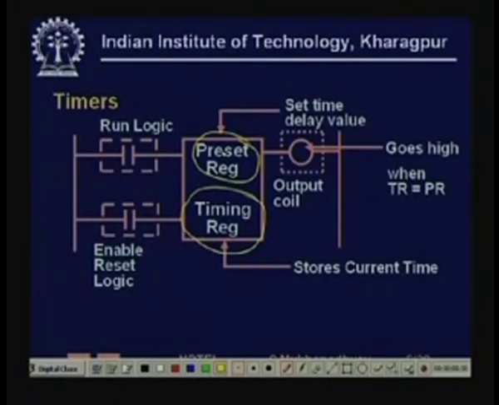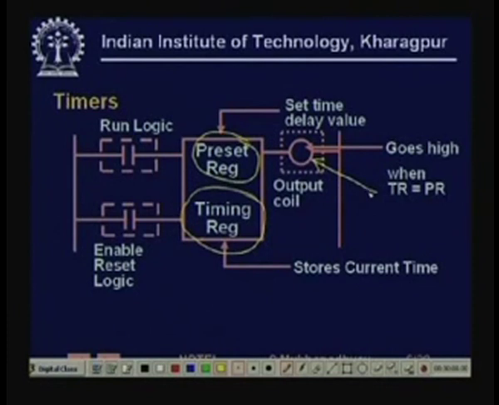Sometimes, for example, as we shall see, counters work on an external clock. But because we want a particular timing, generally the timer is fed from the internal clock. So as the timing pulses from the clock are coming, the timing register keeps increasing, and every time there is a comparison between the timing register and the preset register.